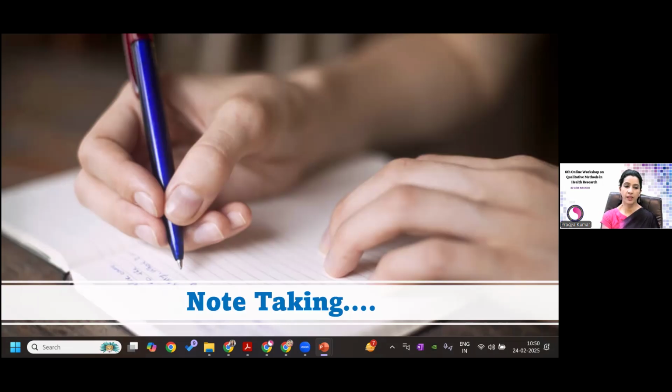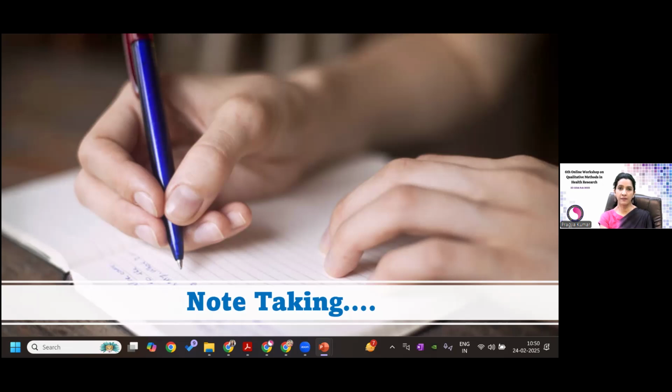Note taking should be done simultaneously also. If you want to ask or clarify something, you don't interrupt the person, because if the person is in flow, then you don't interrupt. If something has come to your mind, you keep a note of it, and then you ask once he's done. So that note taking habit will be helpful.